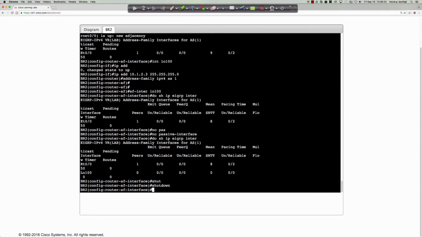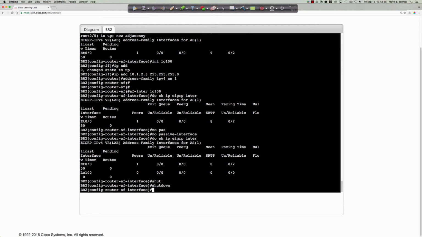Now, here's what's interesting about this command. It gives you the impression, well, wait a second, I'm under AF interface for loopback 0, I just shut down the loopback interface. No, remember, we're in the EIGRP address family named mode configuration for IPv4 under the AF interface loopback 0.